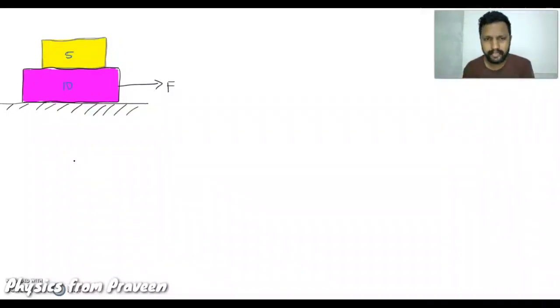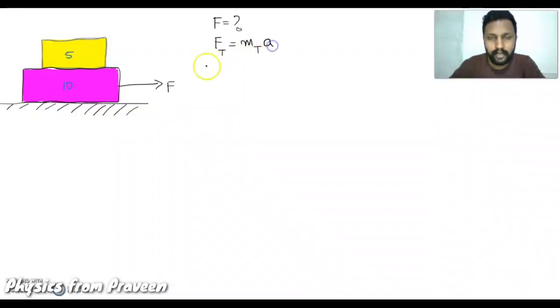Then we have to understand the maximum force that we can apply over the 10 kilogram block so that the system moves as such, that is, the 10 and 5 kilogram blocks move together. In order to solve these types of problems, we are asked to find the force. We know total force is total mass into the common acceleration.